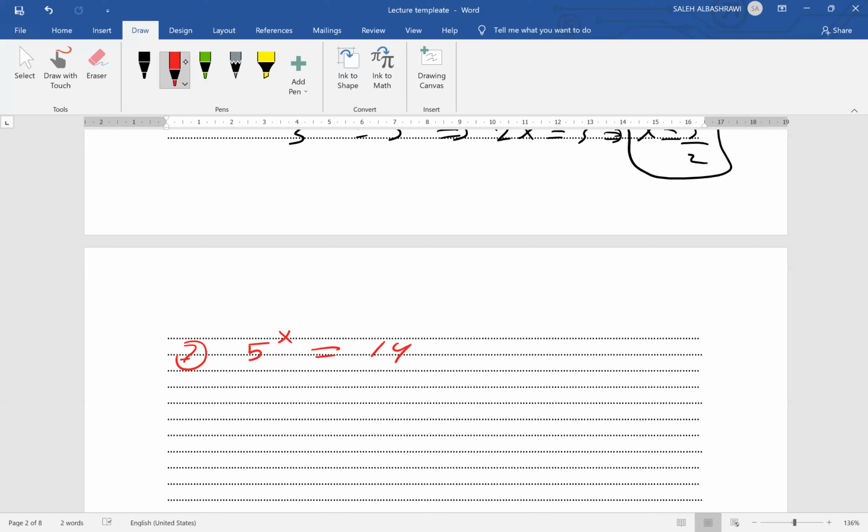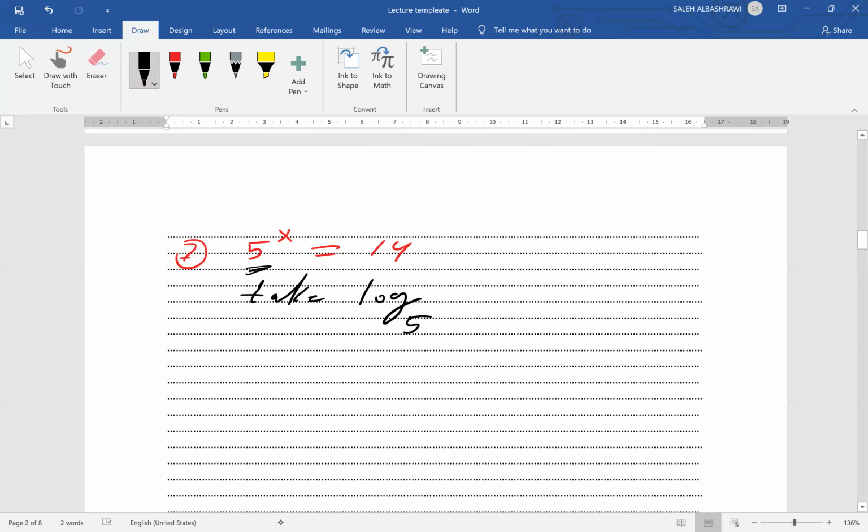In this case, if the right-hand side cannot be written as 5 to power something, I will use ln or logarithm. I will say take log to both sides. Since I have 5, I will use the base 5 for this one.